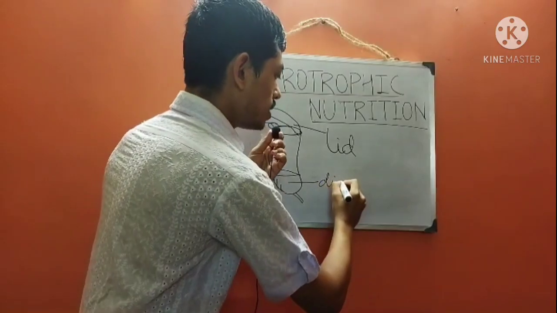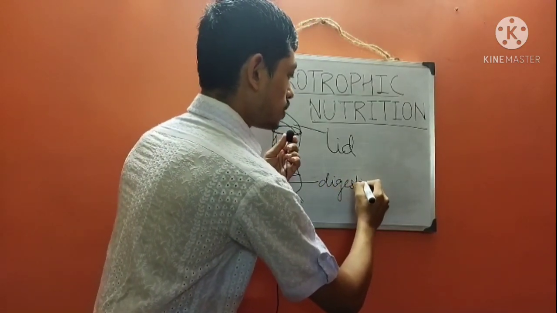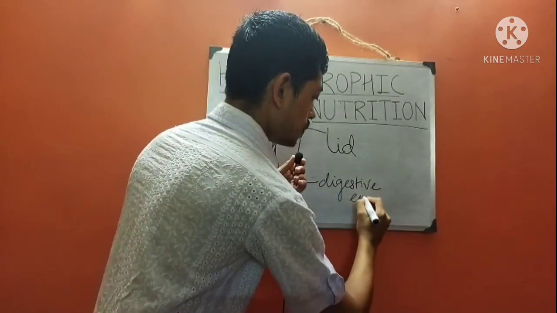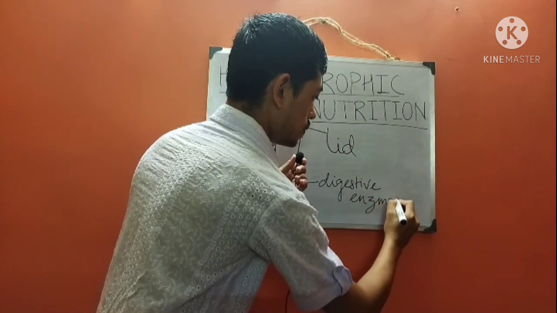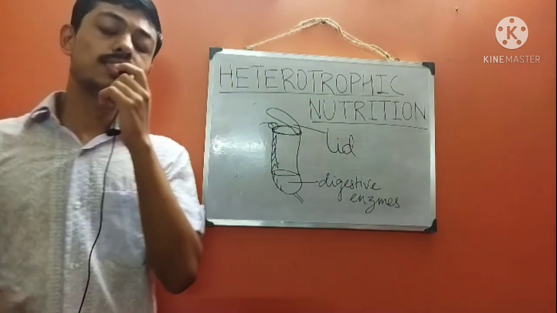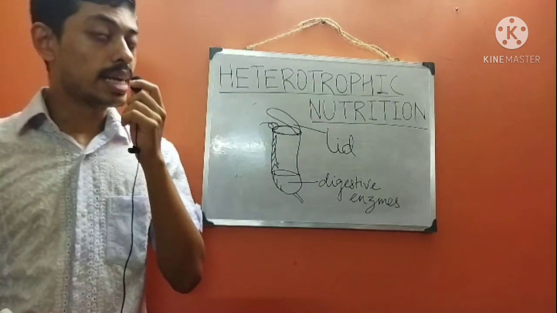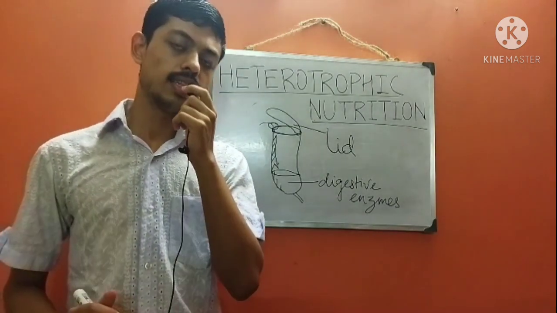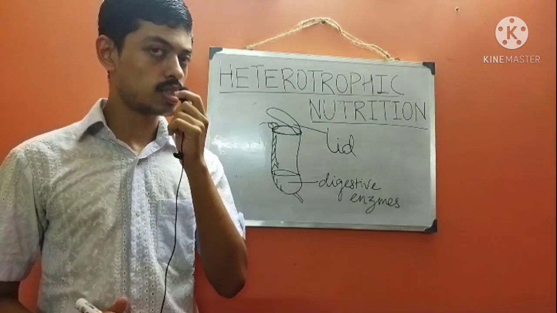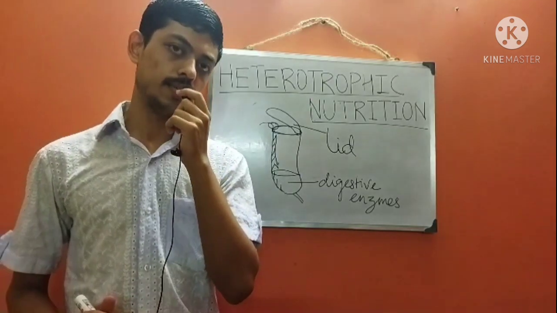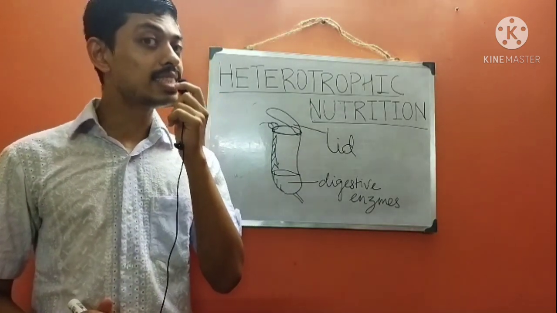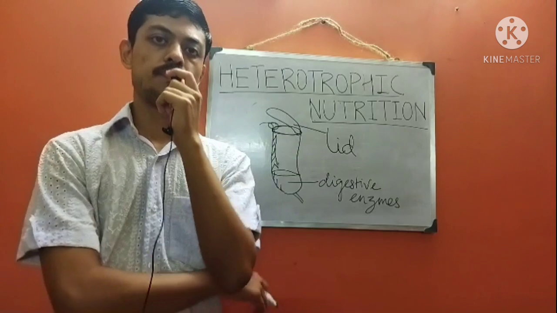What does it contain? Digestive enzymes. These digestive enzymes help in digesting the insect, and thus it derives its nutrients from the insect. So these are insectivorous plants.